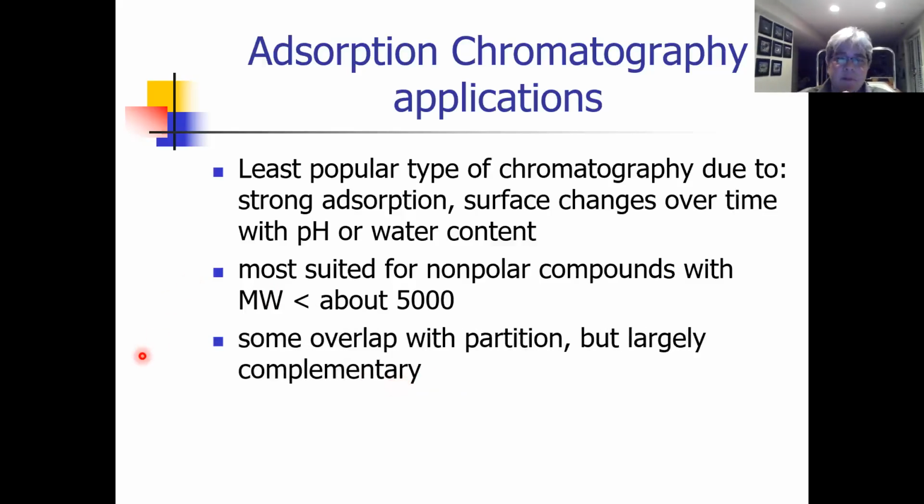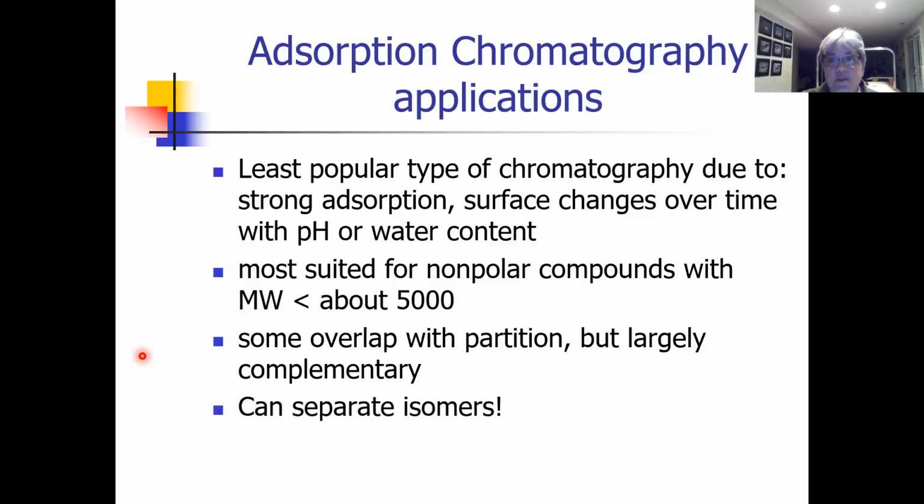There's some overlap. There are some things that you can do with adsorption that you can also do with partition, but usually they're complementary. Okay, what does that mean? Well, it means if partition can't do it, then sometimes adsorption can. And what partition can do, adsorption cannot. So they work well together.